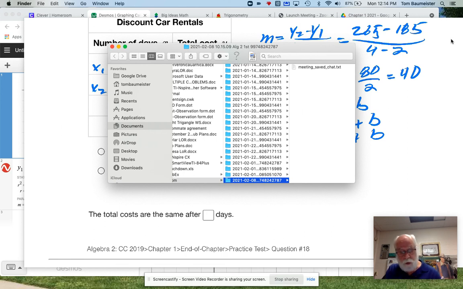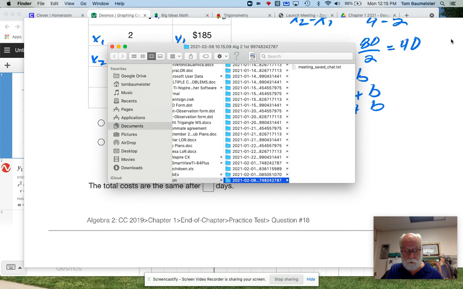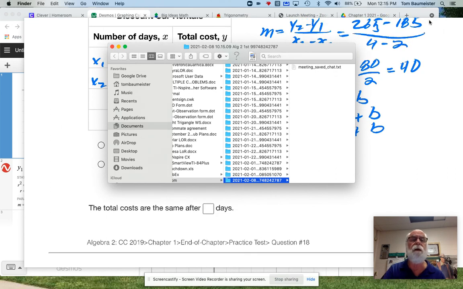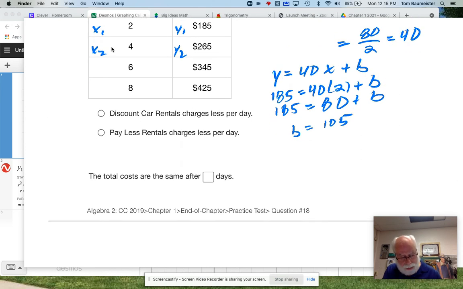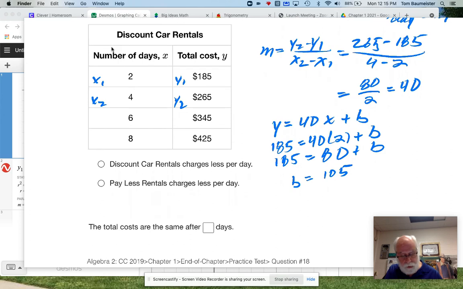If I subtract the 80, I'll get that b is equal to 105. Now, I know a lot of you are saying, why am I still doing that? I don't need that. And I'll say, well, yeah, you do, because you need it for the second part of the equation. So here, I'll call this one DC for you. And DC is y is equal to 40x plus 105.